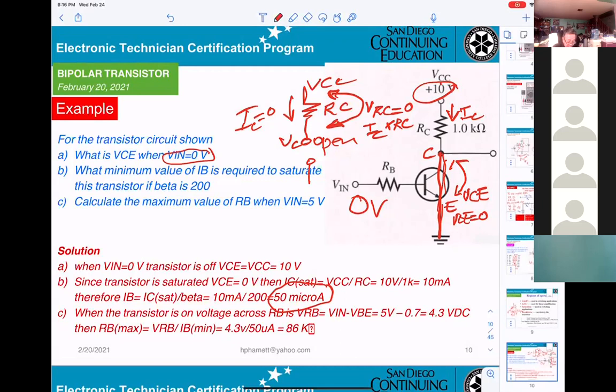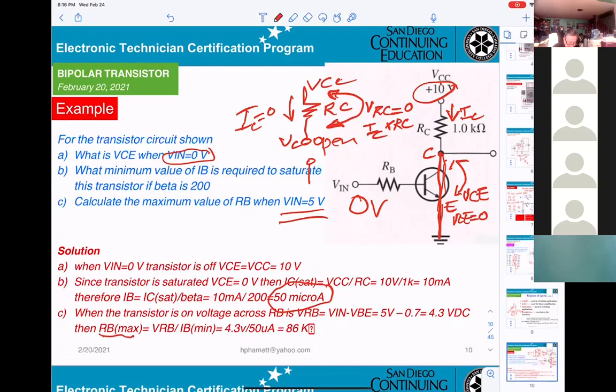And they want to calculate the maximum value of RB when Vin equals 5. When the transistor is on, the voltage across RB will be VRB equals Vin minus VBE. VBE is 0.7, Vin is 5, so 5 minus 0.7 gives you 4.3 volt DC. Then you can calculate RB.